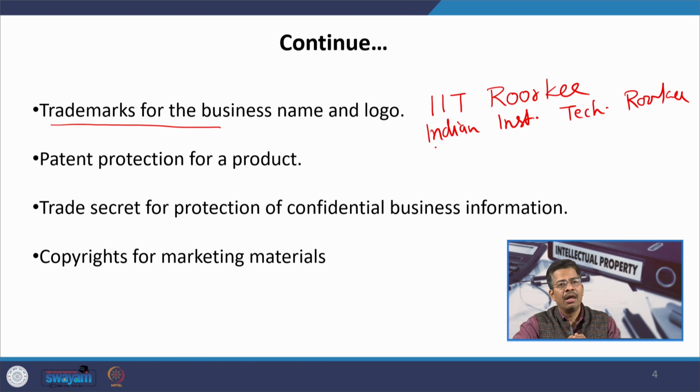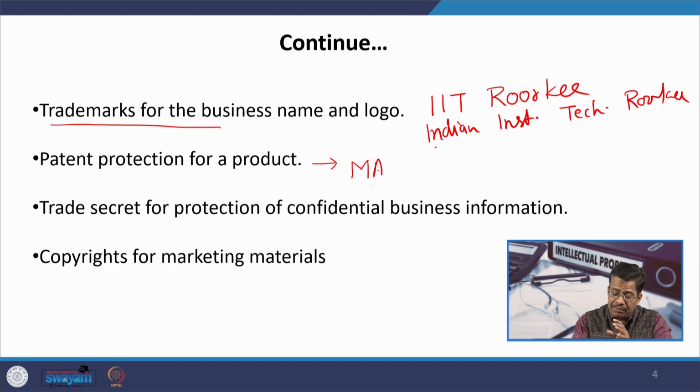Then patent protections. For example, let me give you the example of a very popular company, Gillette. Gillette is maintaining a huge portfolio of patents for protecting its very popular product, which is known as Mach 3.